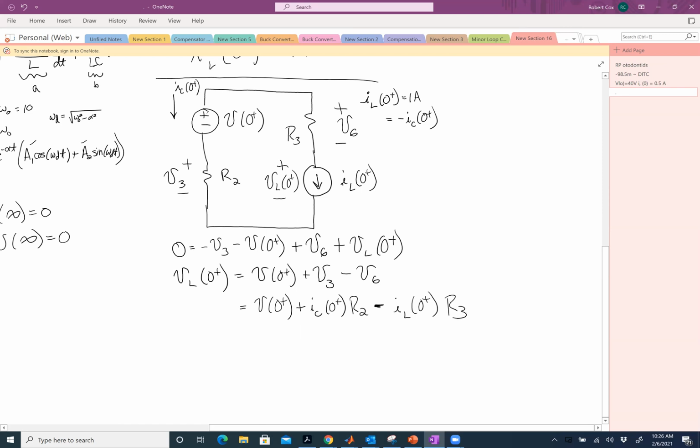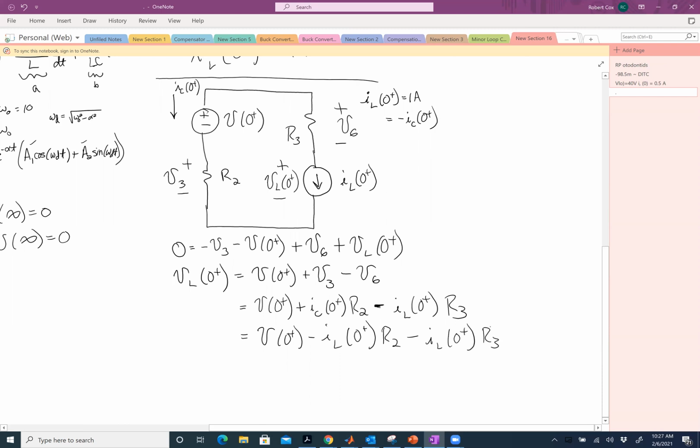This is really important here. We have to be careful of these signs. Because IC is equal to minus IL, this becomes V0 plus minus IL of 0 plus times R2 minus IL of 0 plus times R3.